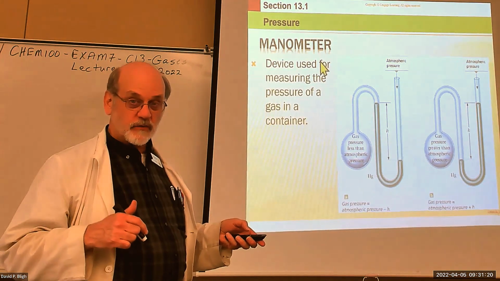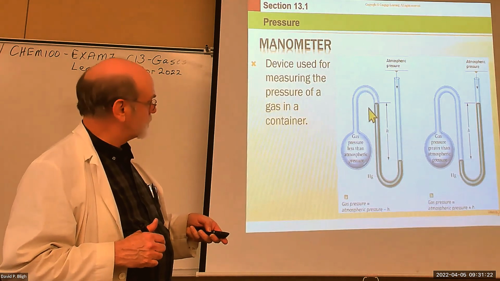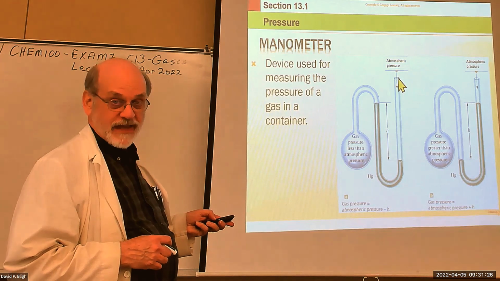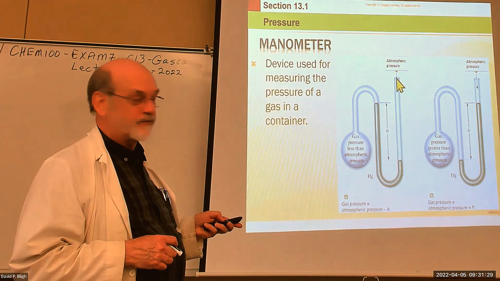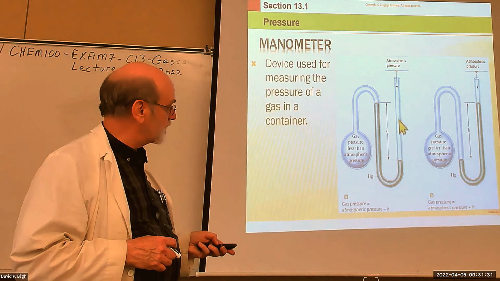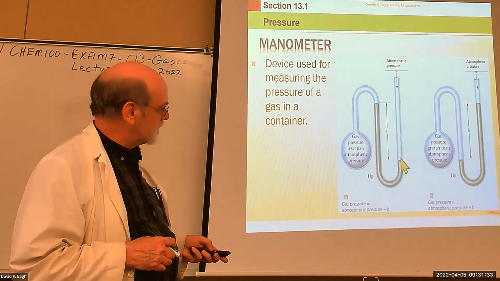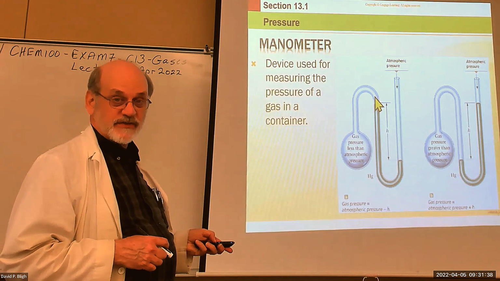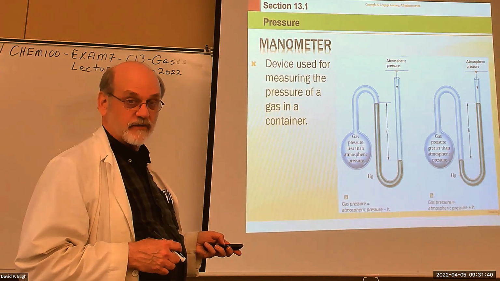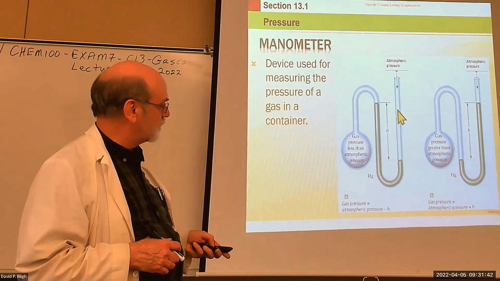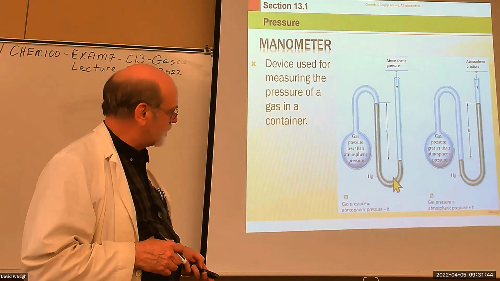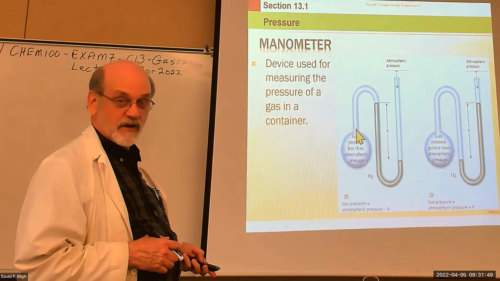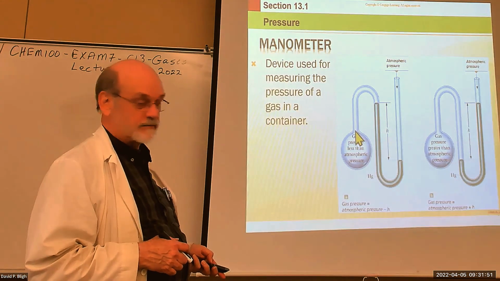Now, the other thing you have to realize is that you're not just measuring against the pressure of the gas, but you're measuring the pressure of the atmosphere also. So the atmosphere is pushing down on here, and if this side is lower than that side, what does that mean? That means the pressure inside the container is less than 1 atmosphere. 1 atmosphere will drive this column up against the opposing gas in that container, which is at a lower pressure. It has to be.